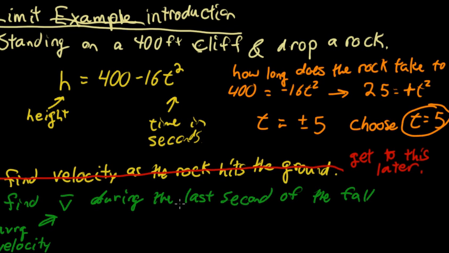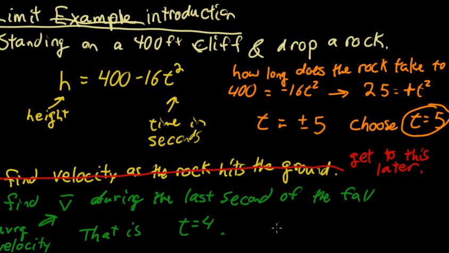Anyways, the velocity during the last second of the fall is t equals 4. Because we know it takes 5 seconds to fall, the last second would be t equals 4, or the average velocity would be that.